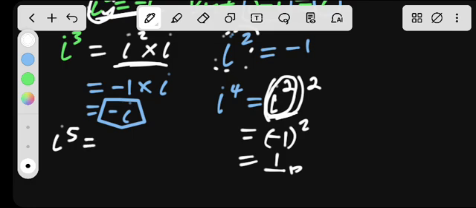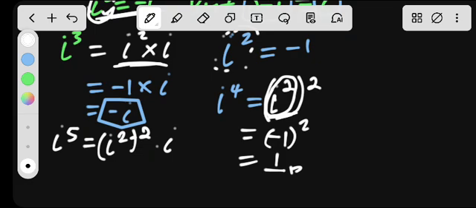Start by writing i, then 2, then you put your brackets like this. This is the same as the number just before times 2 like this, again multiplied by 2. This will give us 4. Multiply by i.